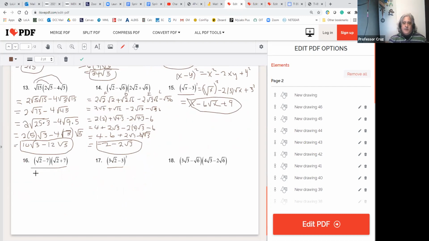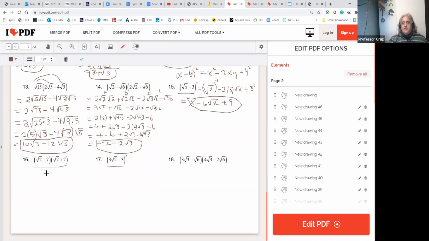All right, now this one's called the difference of squares. This is the one that goes like this: x minus y times x plus y. Notice that the only difference is just the negative sign in between the two.